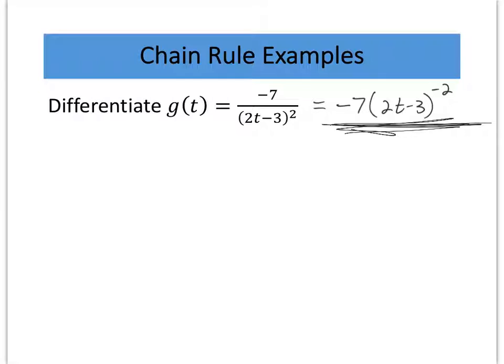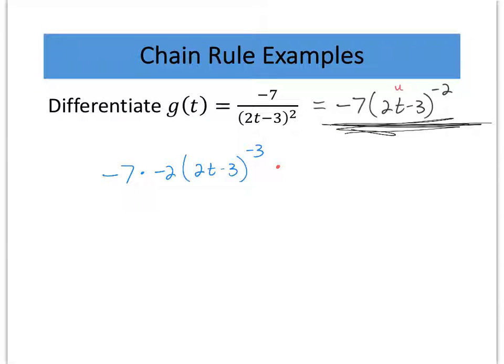If I think about the second thing as my function, I'm going to take the derivative of the outside. The outside is stuff to the negative second power. So I'm going to do negative 7 times negative 2 times the stuff to the negative third power. I just took the derivative of the outside guy. But now I need to use the chain rule and multiply it by du.